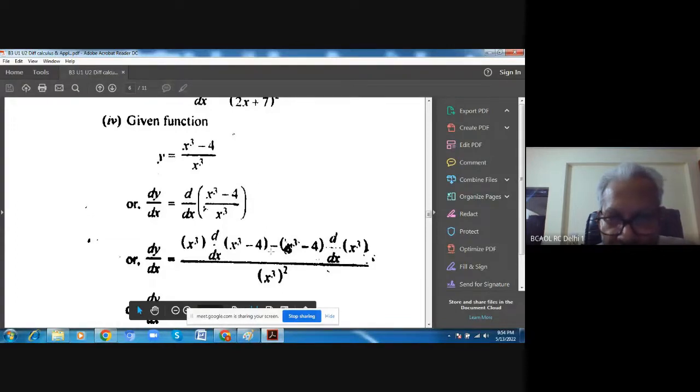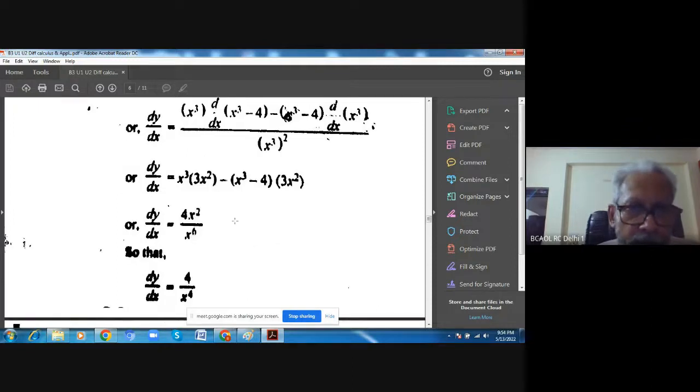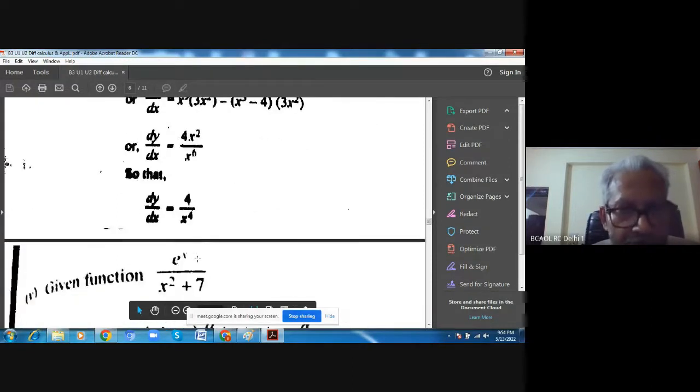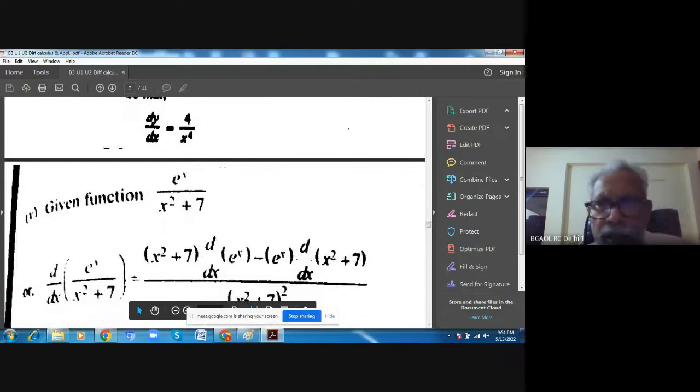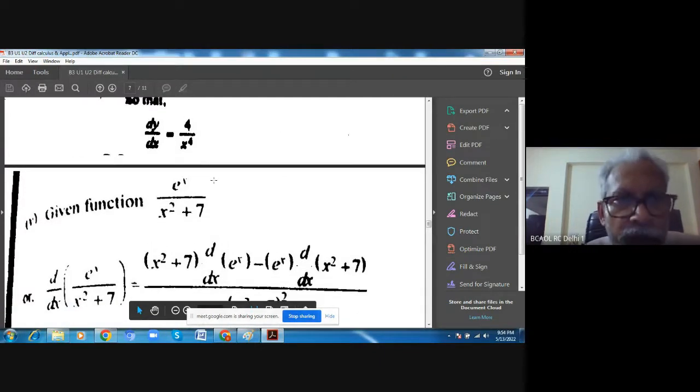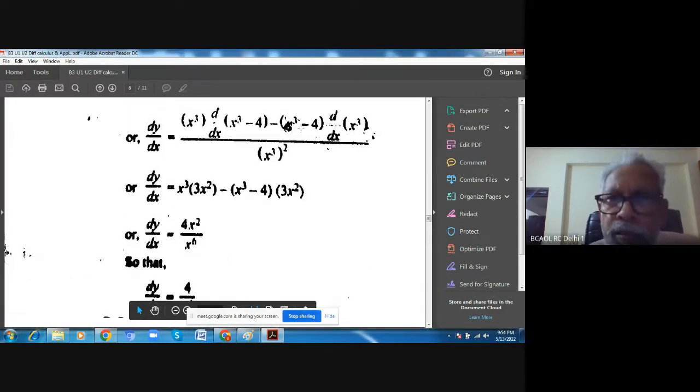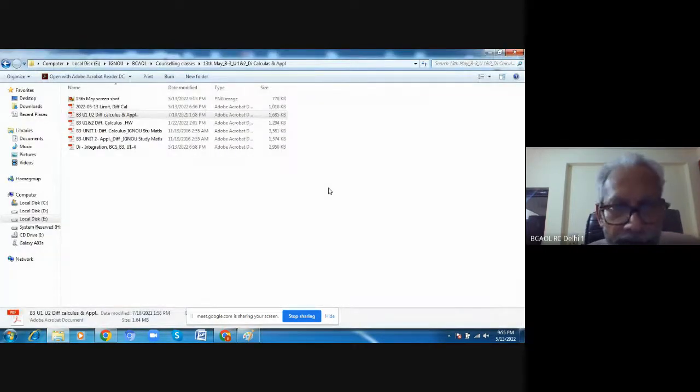Based on this formula, you can put it in and slowly you will reach the answer. So I just tried to give you the concept, and the formulas I have already discussed. So this is your part of differential calculus.